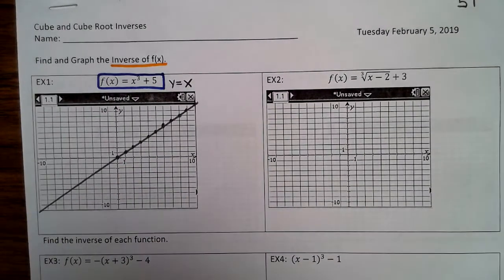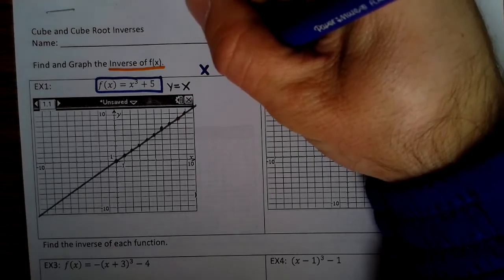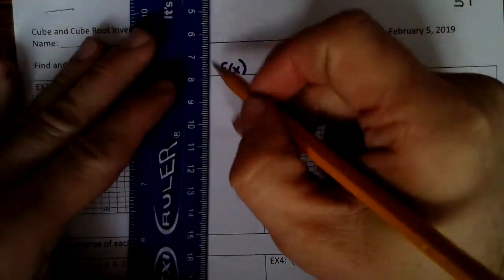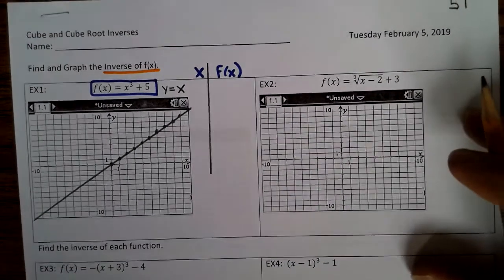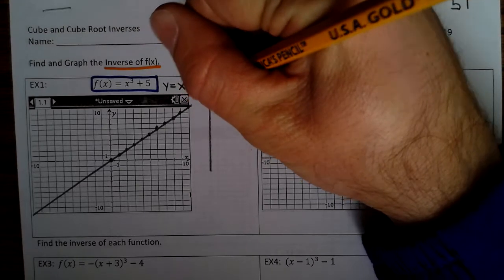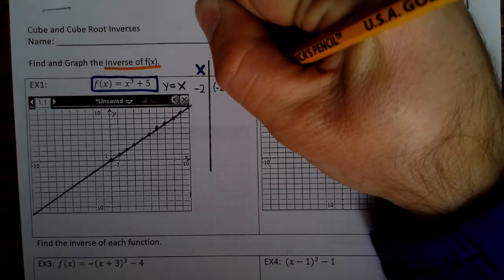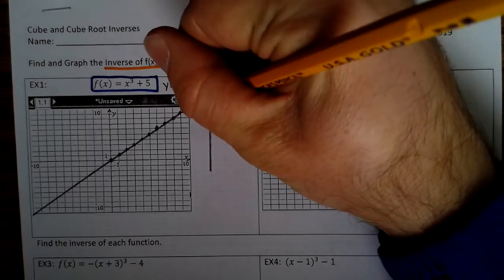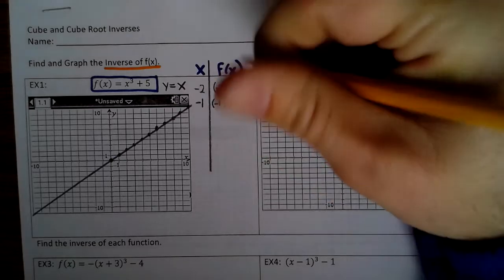Okay, so now let's graph x and f of x. So when x is -2, that would be -2 cubed plus 5, which equals -3. When x is -1, that's -1 cubed plus 5, which equals 4.